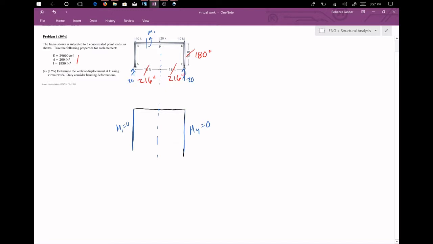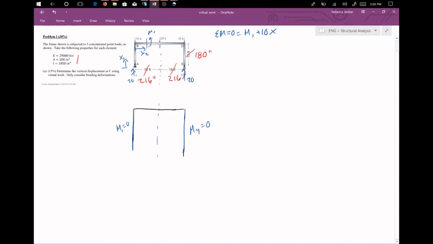If we were going to sum the moments at that point, we have M1, which would be this guy, positive. The 10 kips at that moment is pushing down, so it's also giving a positive moment, so it's 10. And that distance, that's our x2 guy, where this would have been x1, but we have no moment there, so we just skipped it. So this is our x value, it's just that distance.